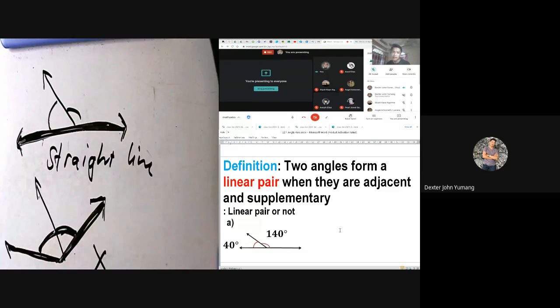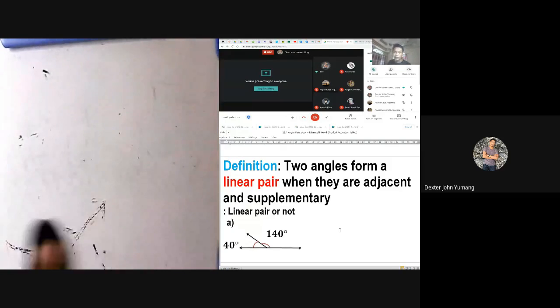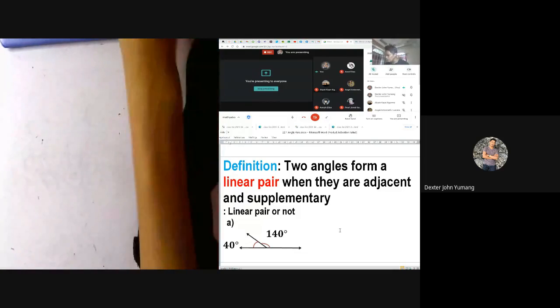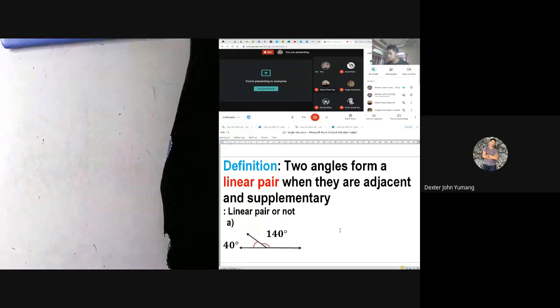So in this case, for letter A, take a look at it. We have 40 and 140 as our given. 40 and 140. Naka-create ba yan siya ng straight line? Yes or no? For letter A. Type your answer in the chat box, please. No daw po, sabi ni Matthew, hindi daw siya naka-create ng straight line.